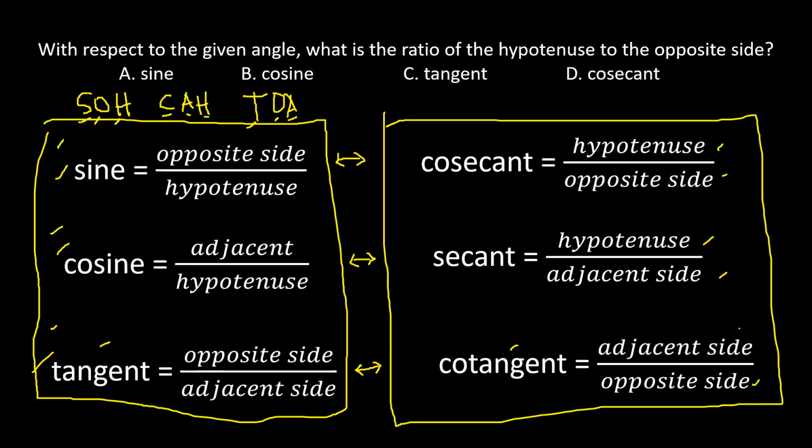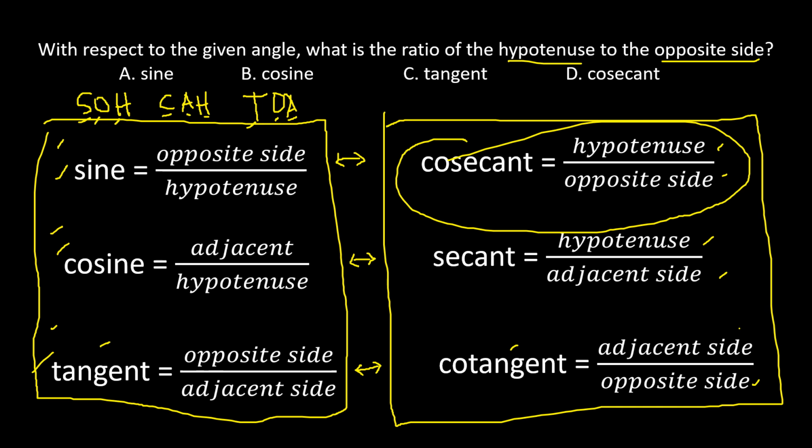SOH-CAH-TOA. So going back to our question, what is the ratio of the hypotenuse to the opposite side? So we have this hypotenuse over opposite side is cosecant. So letter D is the answer.